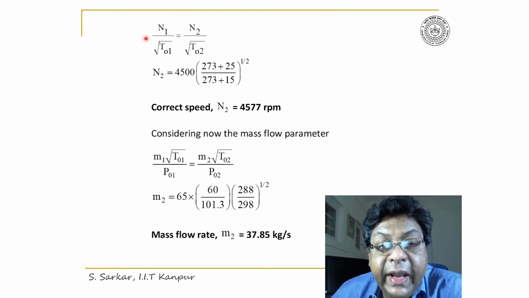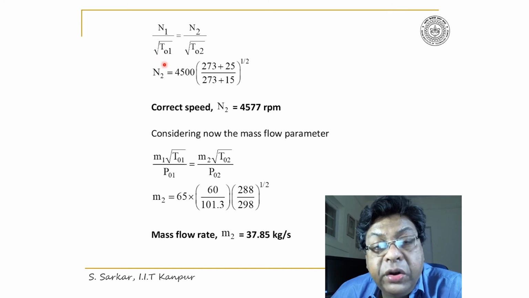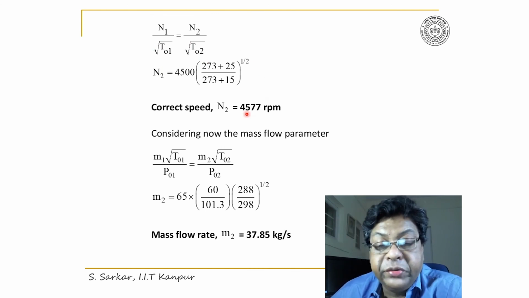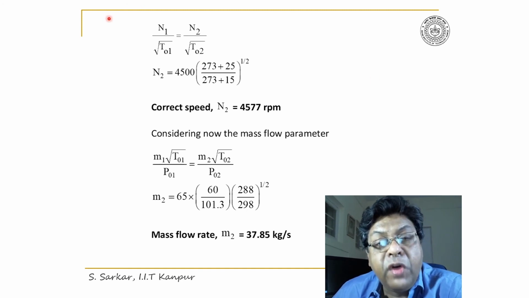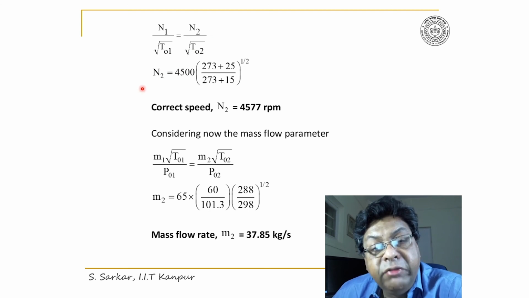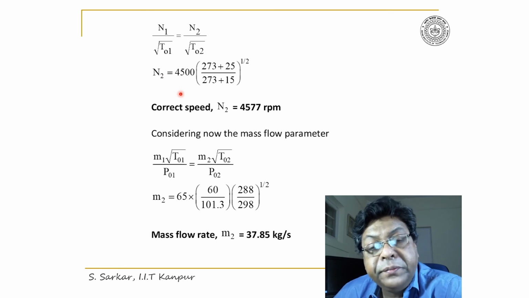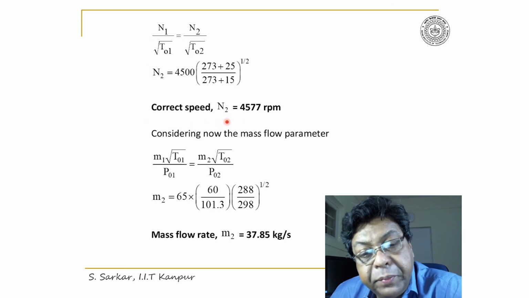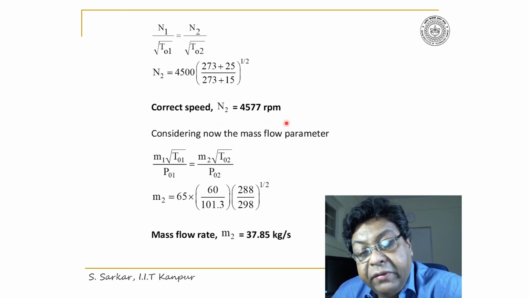It's not truly non-dimensional. So I can write N1 by root over T01 must be equal to N2 by root over T02, where subscript 1 refers to condition 1, and similarly subscript 2 refers to condition 2. Now from here I can evaluate all other unknown data. So I have evaluated corrected speed as 4577 RPM.